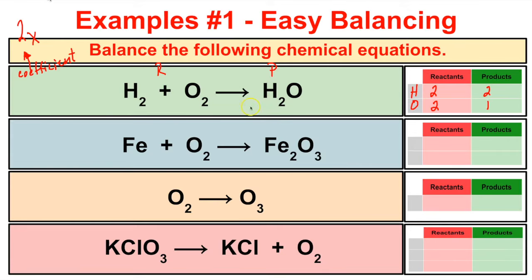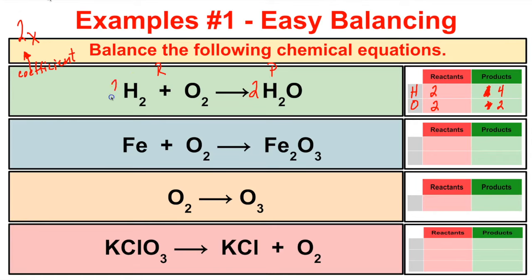So let's go ahead here. We have two hydrogens over here and two over here, so they're now balanced. Our issue is with the oxygen right here, right? With the oxygen, we have two over here and only one over here. However, if I come and put a 2 right here, I now have two oxygens on the product side, and I now have two oxygens on the reactant side. They now balance each other, but if we take a look, 2 times 2 is 4 hydrogens now on the product side, and I only have 2 on the reactant side.